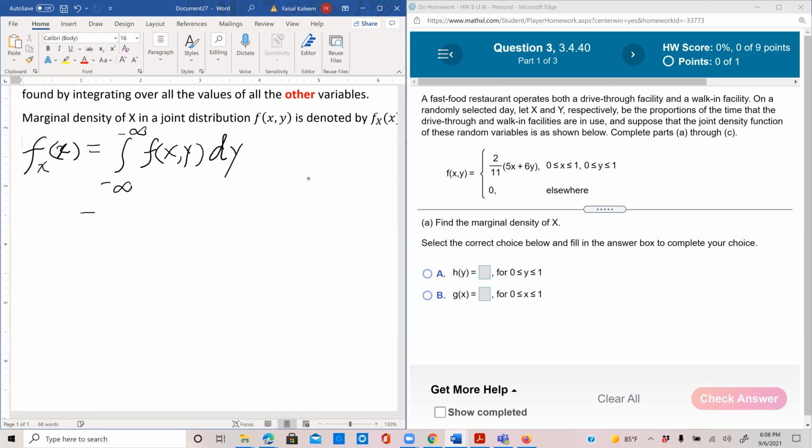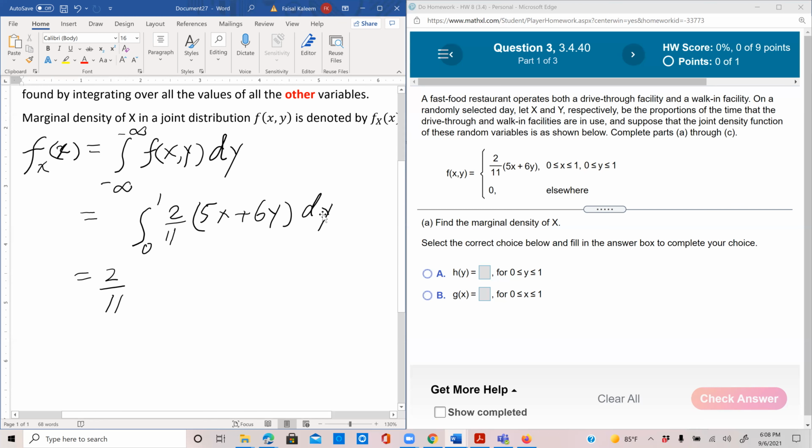So in practice, the y values where the function is non-zero are 0 to 1, and f(x, y) is 2/11 times (5x plus 6y) dy. Now you can pull out the 2/11. Remember, x is a constant because of the dy, so 5x is a constant.